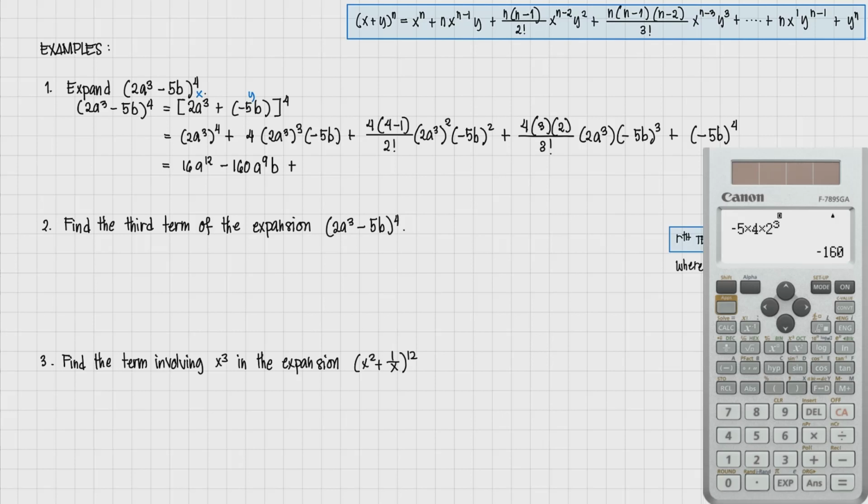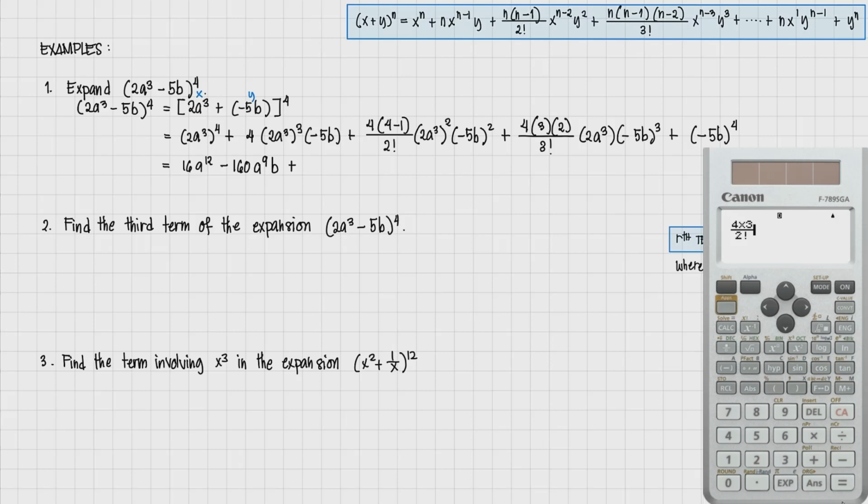Plus, so we have here 4 times 3 divided by 2. Where is that? So shift exclamation point. There you go. So tama ba? 4 times 3 raised to 2.